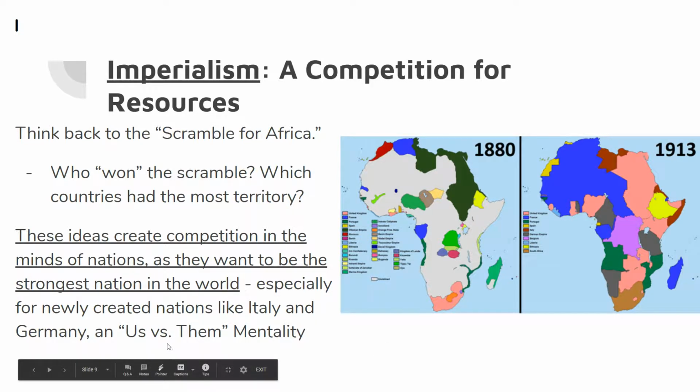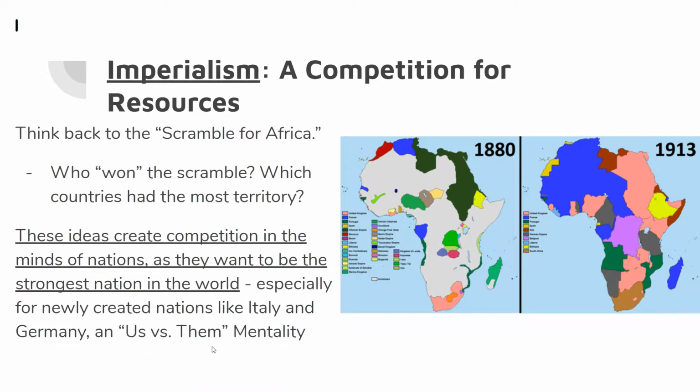And so it's going to create this us versus them mentality, right? The idea being, if you go to war with somebody and you beat them, well, guess what? Those colonies now become yours. And so Germany and Italy are definitely kind of on that mindset of this could be an opportunity to increase their imperial presence and get more of those raw materials from those colonies and become much stronger.